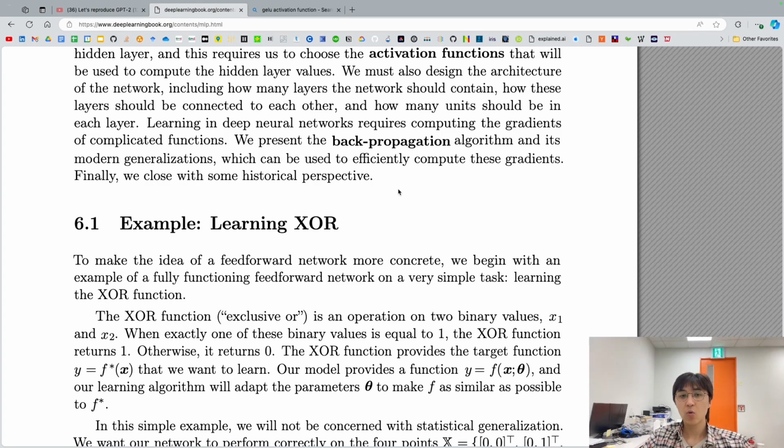Now we had the problem of learning exclusive OR, because the first deep learning networks created in the 1960s couldn't solve this exclusive OR problem because it isn't linear, and indeed we cannot draw a line.